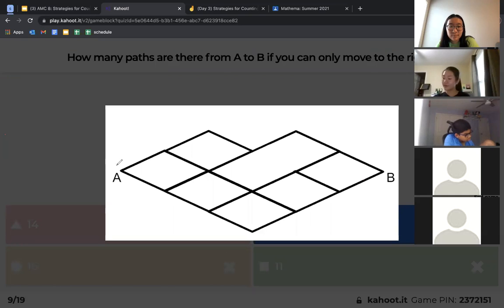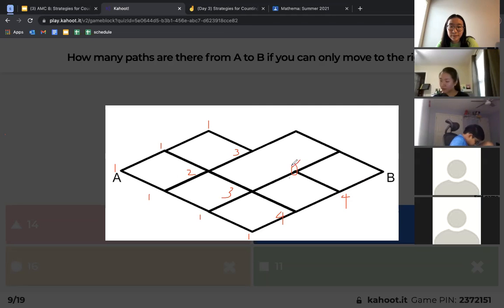Yeah, it's the same strategy from last time. So is this corner here?